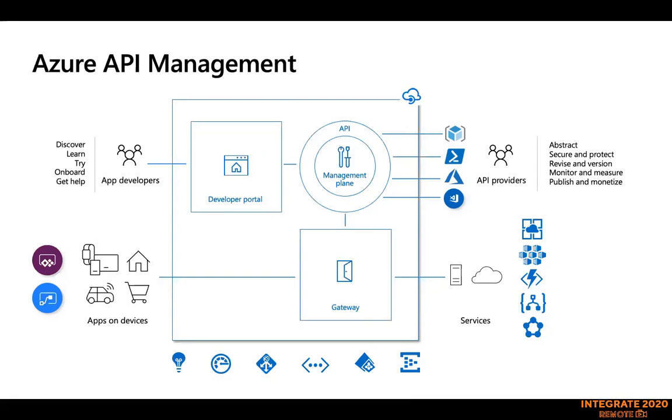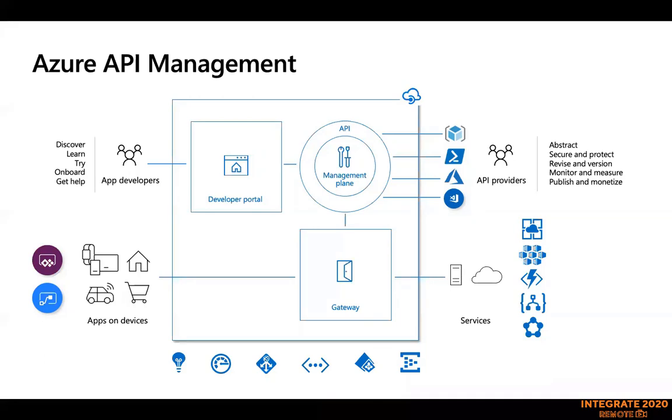API management mediates calls between backends and applications that consume those APIs. It consists of three components. First is a management plane, which essentially is an API that wraps a configuration store. That API is used by Azure Portal, by PowerShell, by ARM templates, and the recently released Visual Studio Code extension.